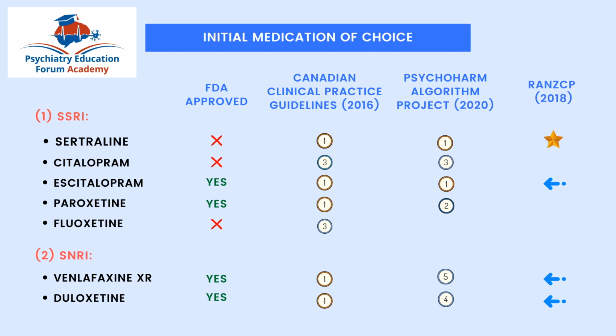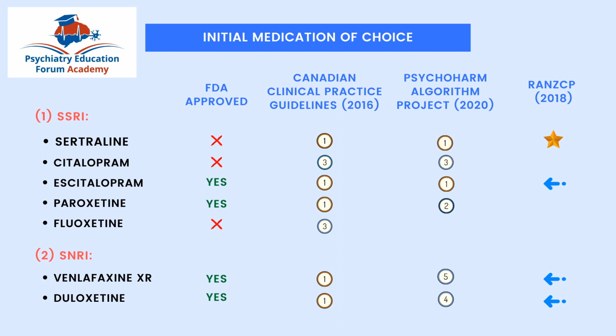So this is a summary of these guidelines. I believe based on this, sertraline is definitely worth considering as first medication of choice based on these guidelines, despite not getting FDA approval.